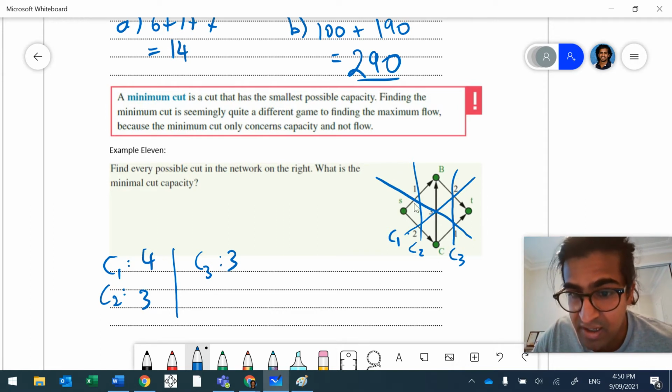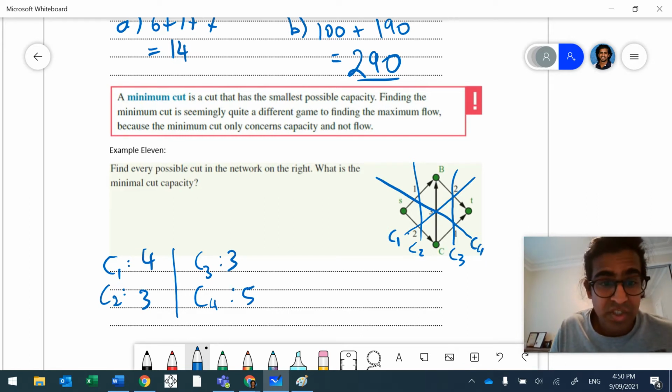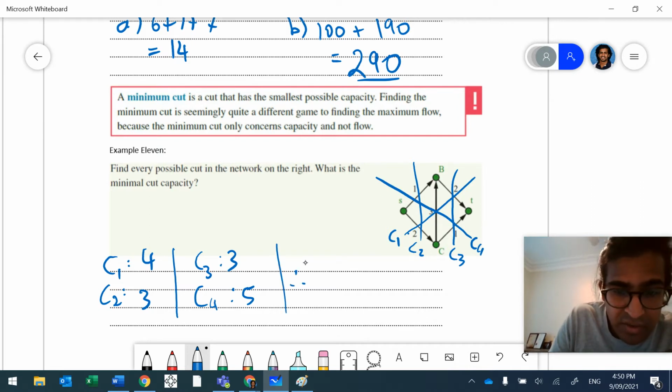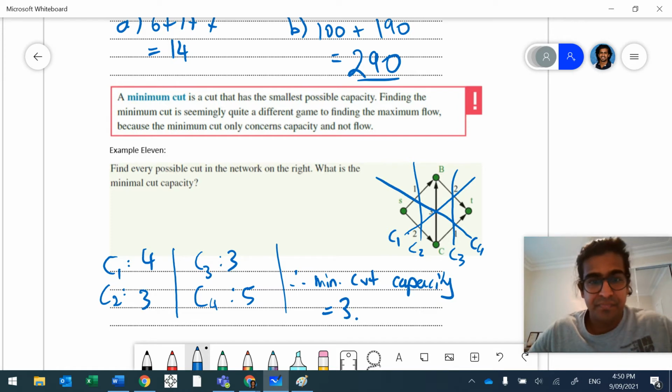So we can add that, and of course we can add that one as well. So 1 plus 3 plus 1, and we'll call that cut 4, which is 5. So the minimal cut capacity is going to be 3. The min cut capacity is equal to 3.